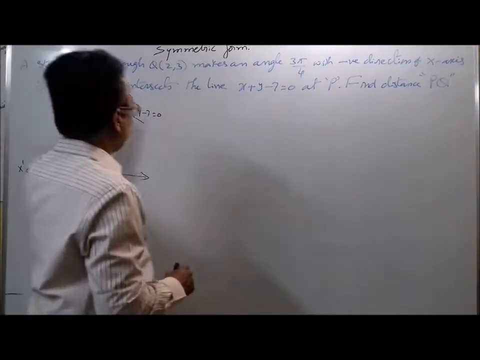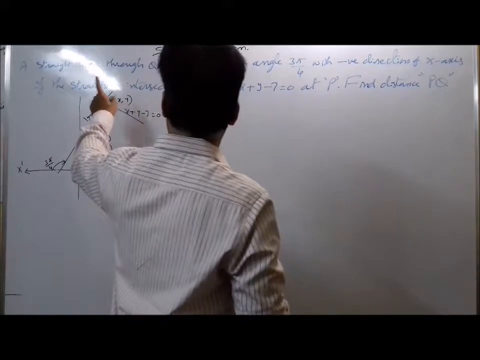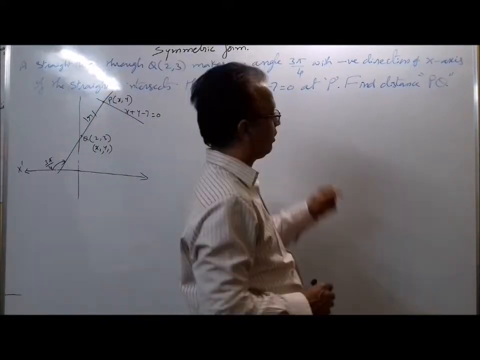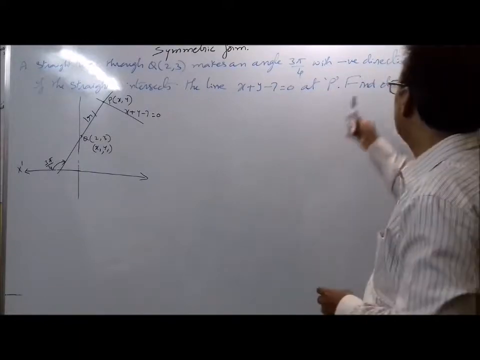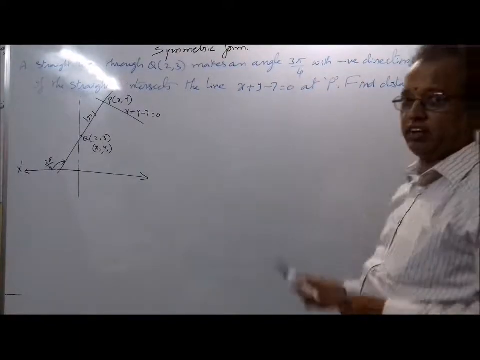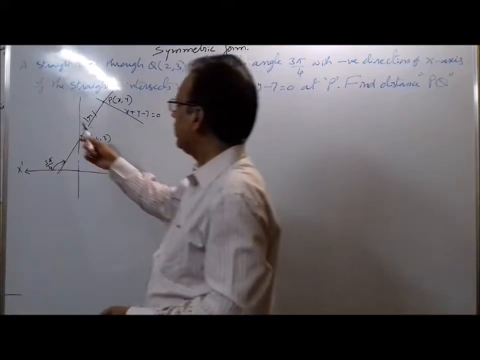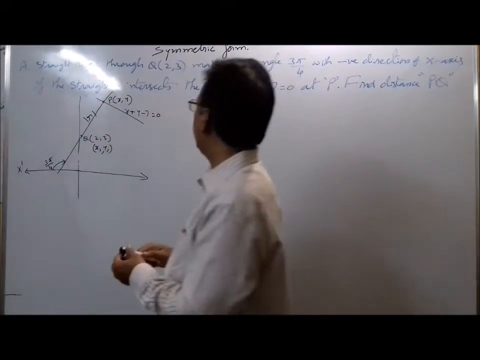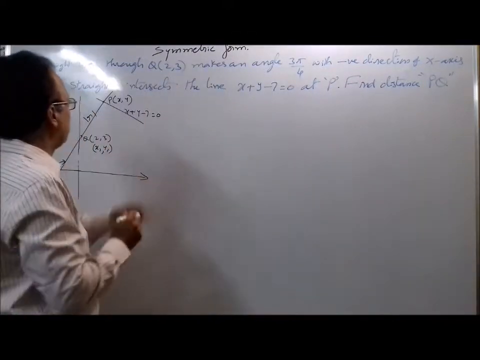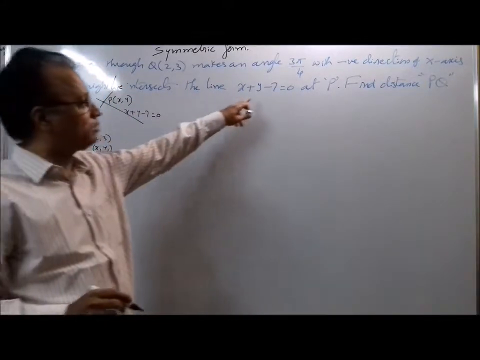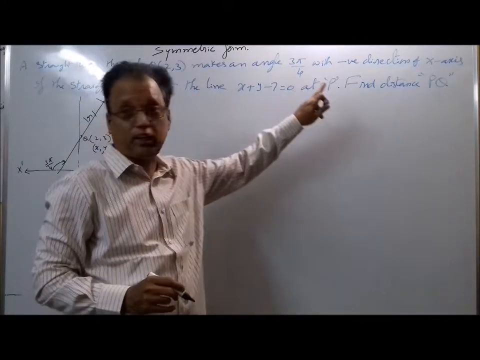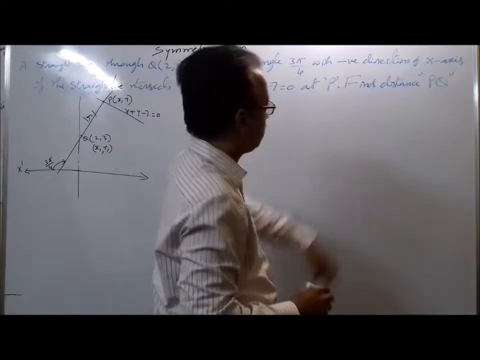See here, the next problem: a straight line through Q (2, 3) makes an angle of 3 pi by 4 with the negative direction of the x-axis. If the straight line intersects the line x plus y minus 7 equal to 0 at P, find the distance PQ.